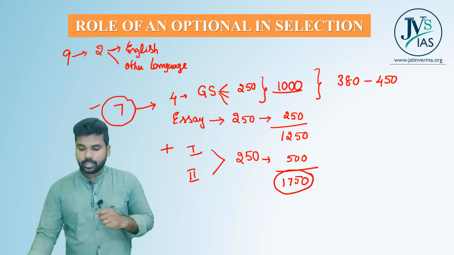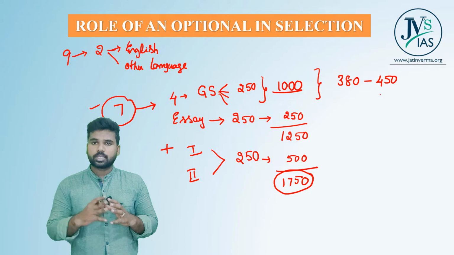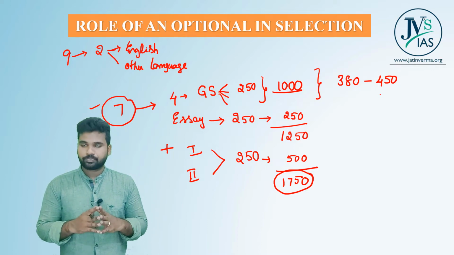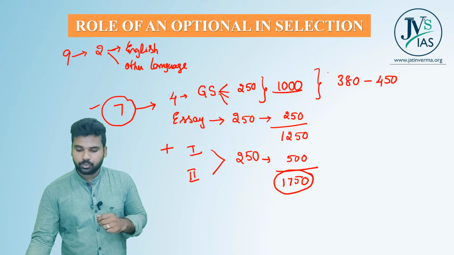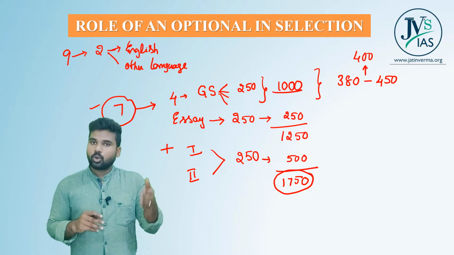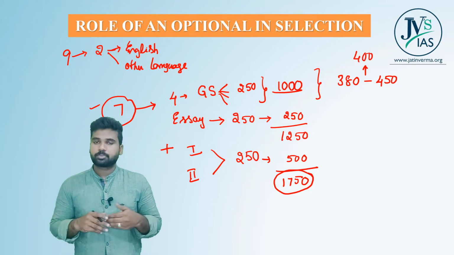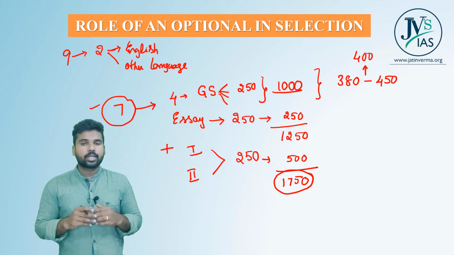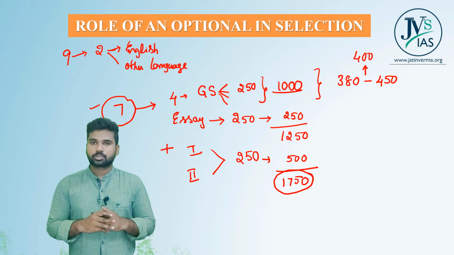So 450 out of 1000 is an exceptionally good score. Or on average, even if you score 100 per paper, about 400 marks across the 4 GS papers, it is considered a very good score.